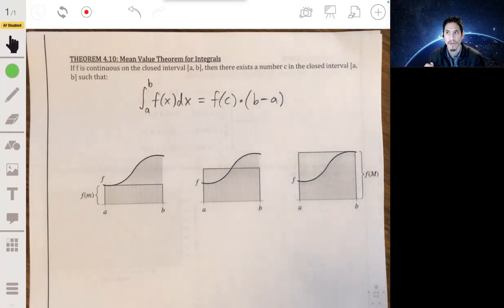Okay, so I'm going to go over the mean value theorem, and I'm also going to go over the definition of the average value of a function.